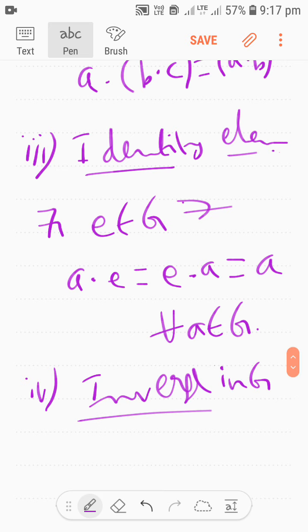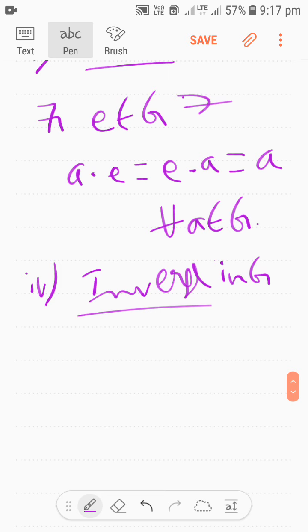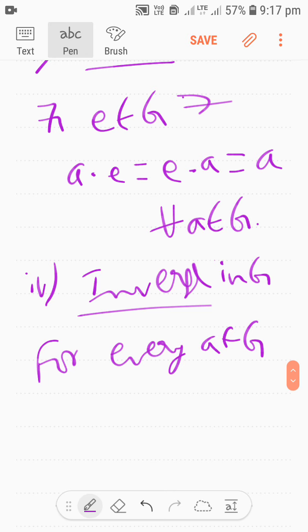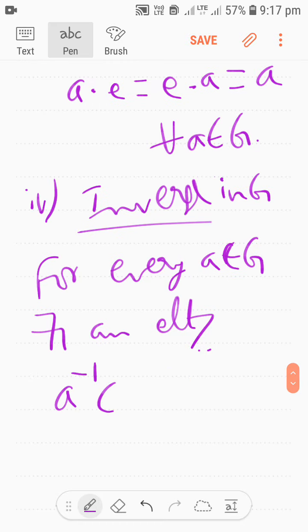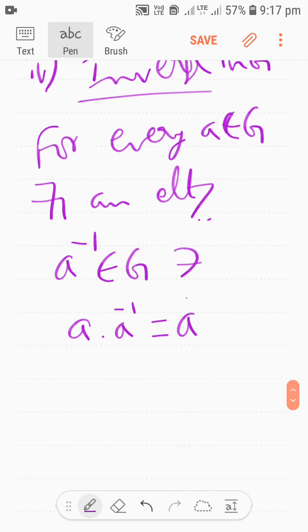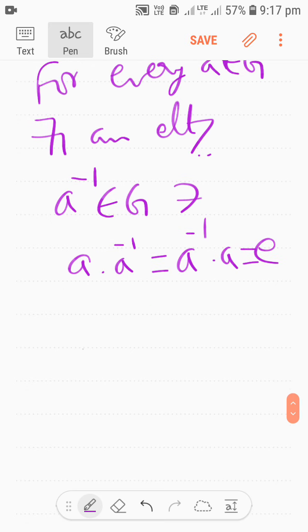The fourth one is existence of inverse in the group G. For every a belongs to G, there exists an element a inverse, and we use this symbol for a inverse. a inverse belongs to G such that a dot a inverse and a inverse dot a is the identity element. It is like 1 by 2 into 2 gives 1.